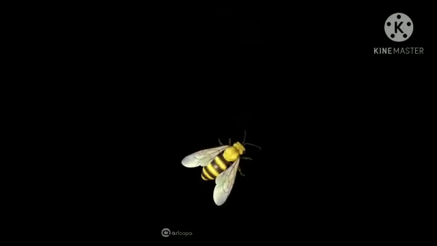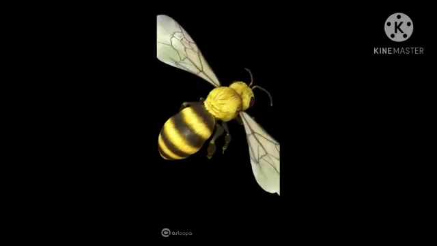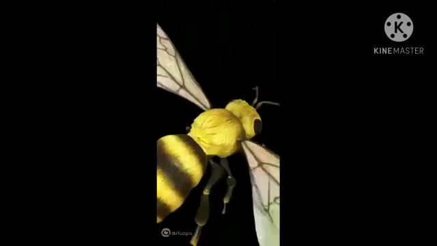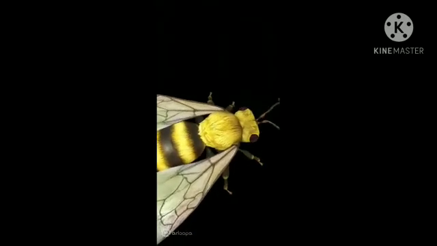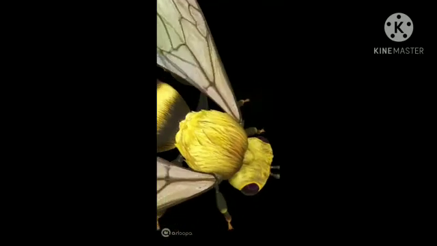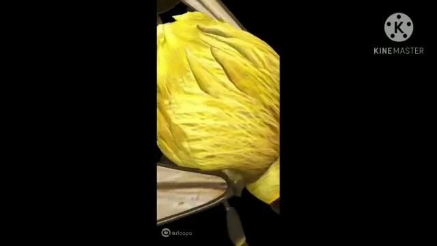One pair of structures present on its head is called the antenna. And you can see that its eye is either a simple or a compound eye. If we zoom into the compound eye, you can see so many small pieces in it.